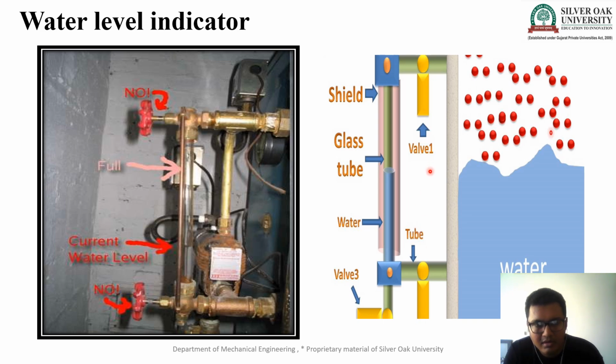What happens when the valves are opened? The water gets inside the glass tube, and from here the steam gets inside the glass tube. After a certain time it reaches equilibrium and shows the water level inside this glass tube, so that we can consider this much amount of water is present in the boiler.